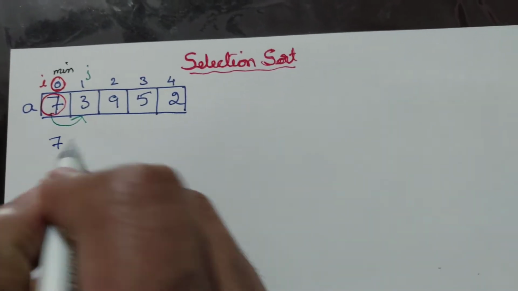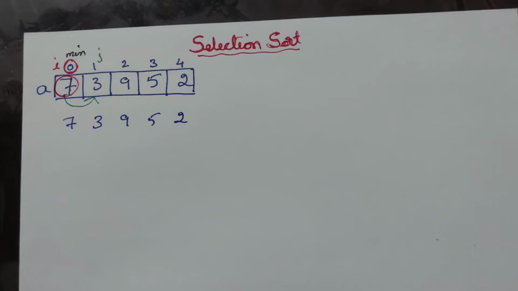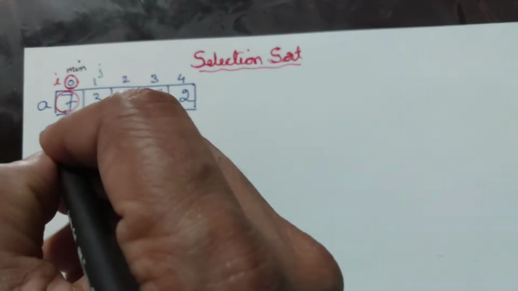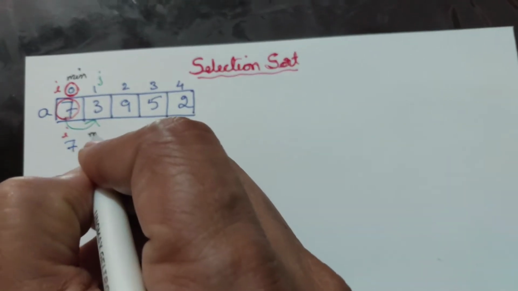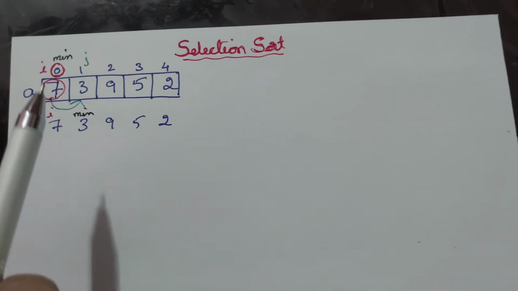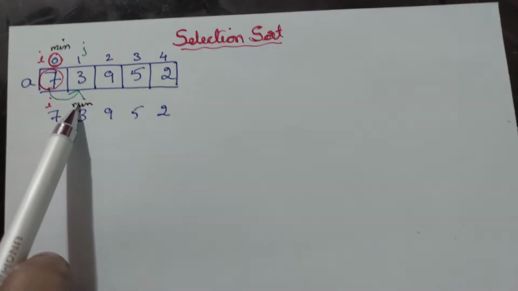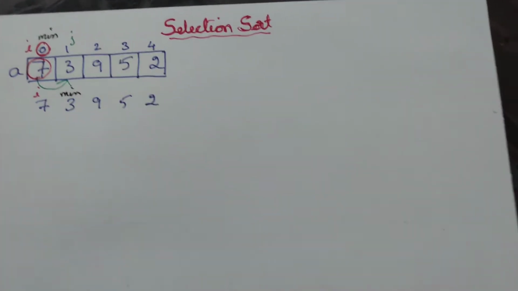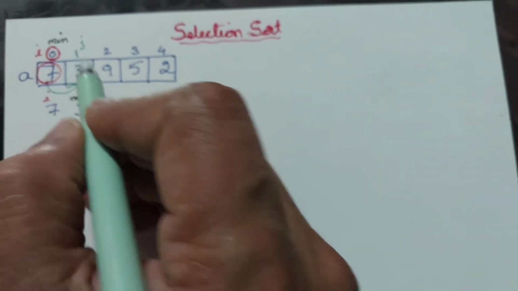So 7, 3, 9, 5, 2 as it is. But now this is my ith position, and I change the minimum position to here. That means the minimum element is not stored in position 0, it is stored in position 1. Next I need to compare with the next element, so j is incremented from 1 to 2.